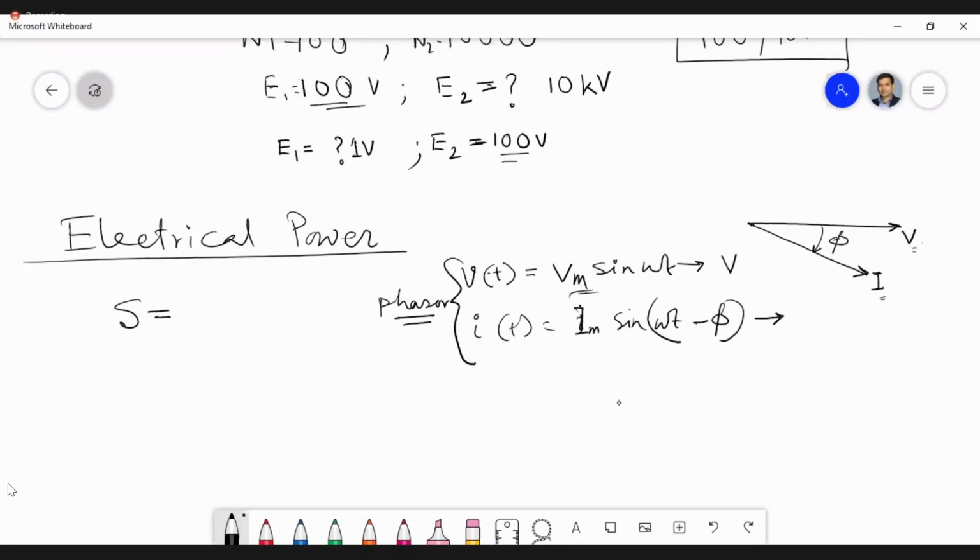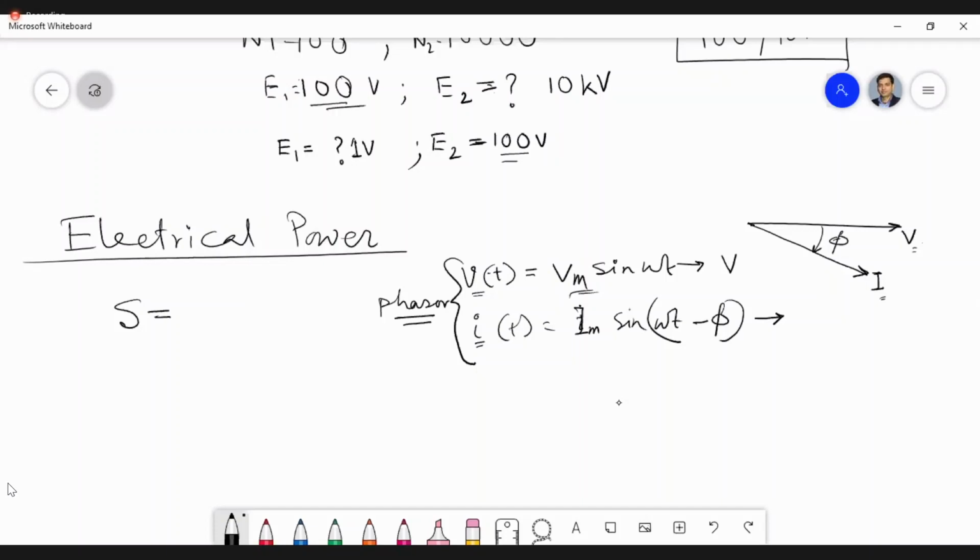Remember this. When we write small letters, they are time varying quantities, or instantaneous values.